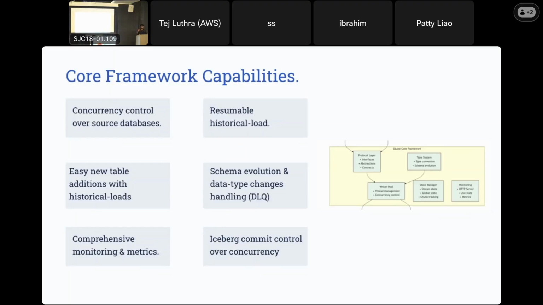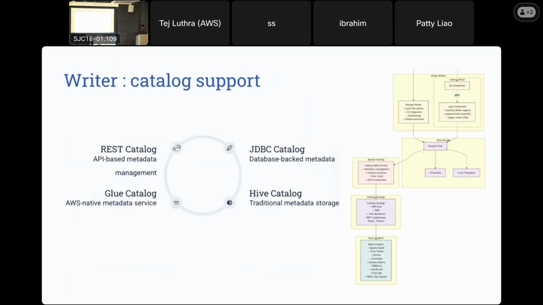We're going to talk about it in future, so we'll double click over there a little later. We support all the major catalogs, be it Hive, JDBC, Glue, REST, all of them.